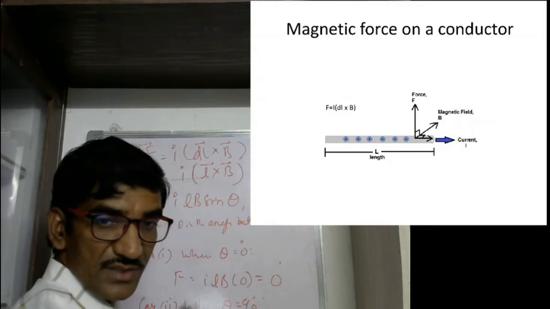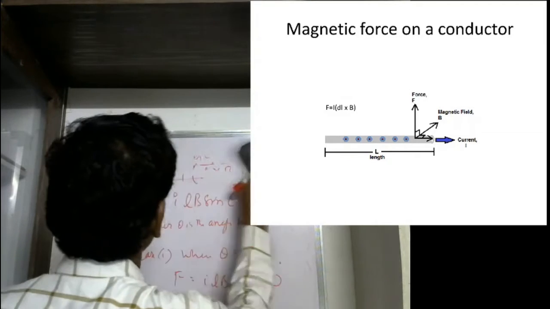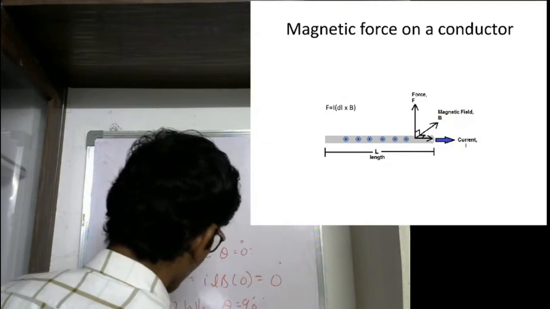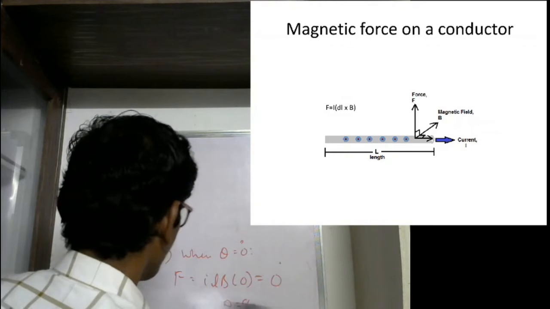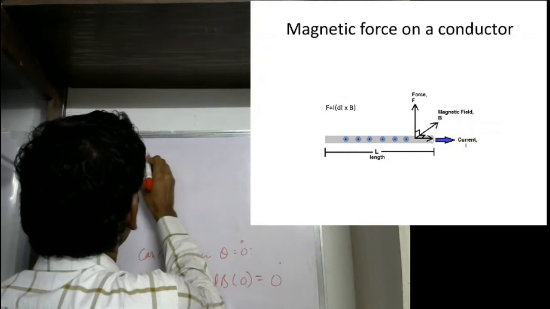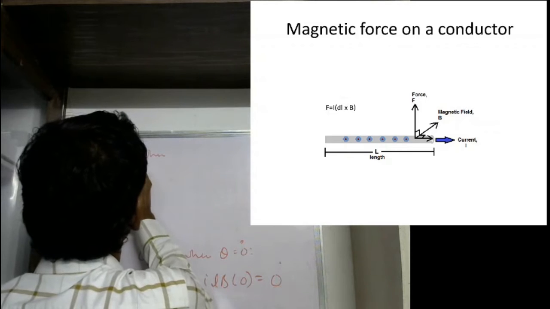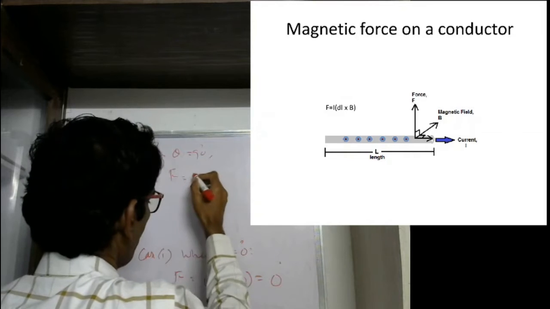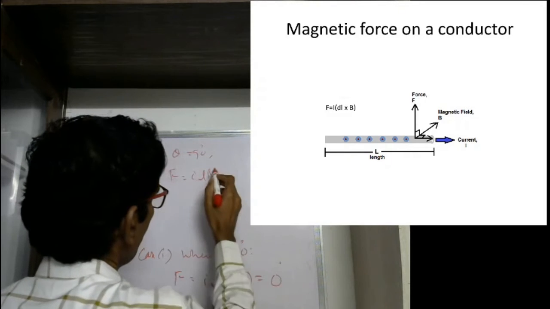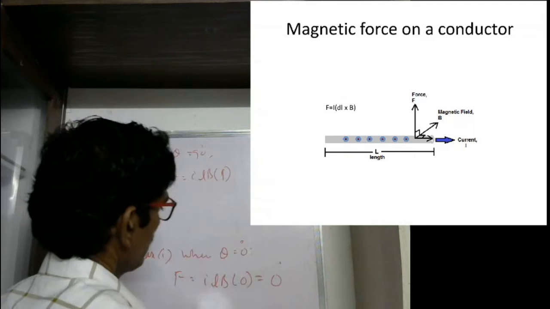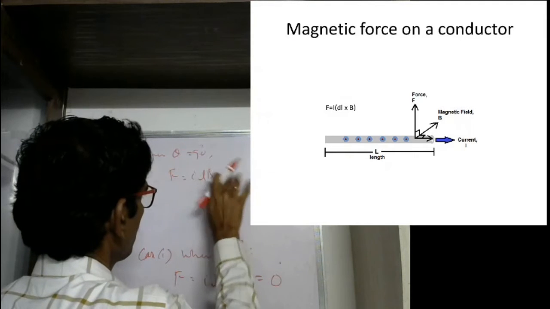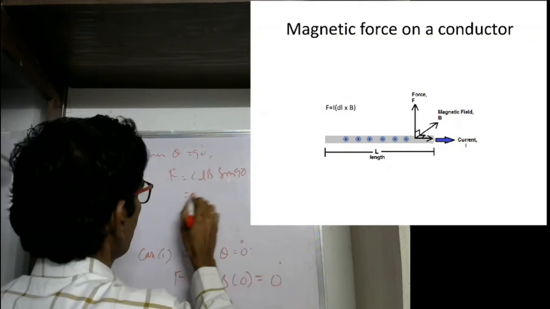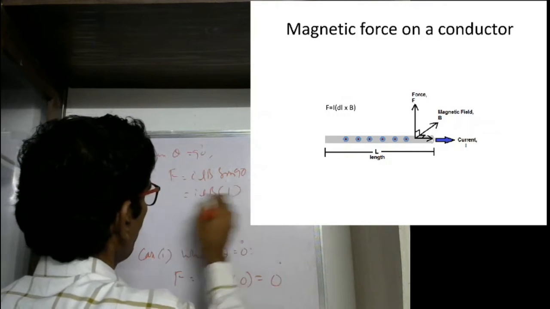Case 2, when theta is equal to 90 degrees, F is equal to I L B sin 90. Sin 90 is 1, so this is equal to I L B into 1.